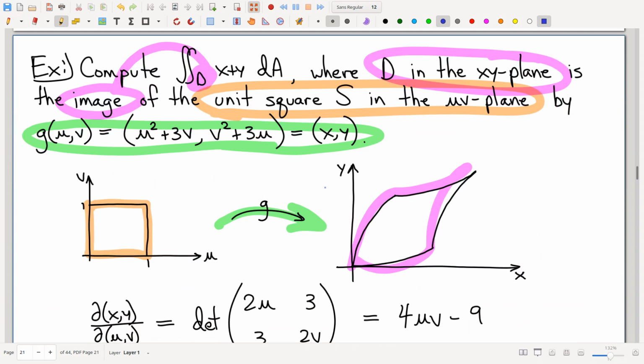We are straight up given that my domain is the image by way of this function of this unit square. So in some sense, everything that I need for the pullback is given in the statement of the question. Well, I guess I have to take some partials, but a lot of the setup is given. We good so far?